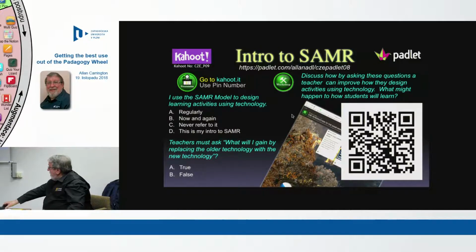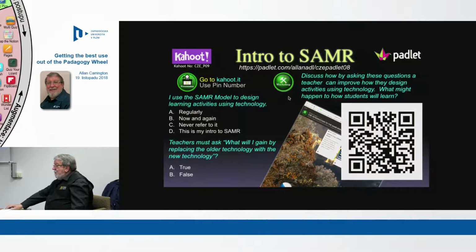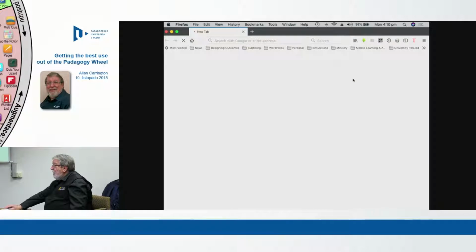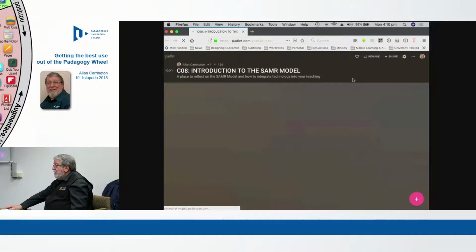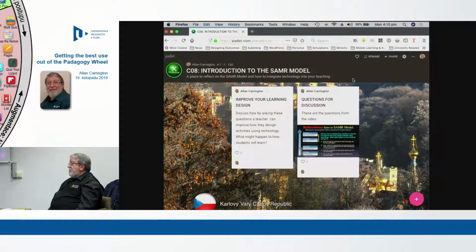If you put the Padlet app on that, it'll take you straight to the Padlet, and just have a discussion about what you think about SAMR and whether you think it'll work and what the challenges of it are, okay? And put any of your comments on the Padlet. This is what it looks like. Discuss how by asking these questions a teacher can improve how they design activities.